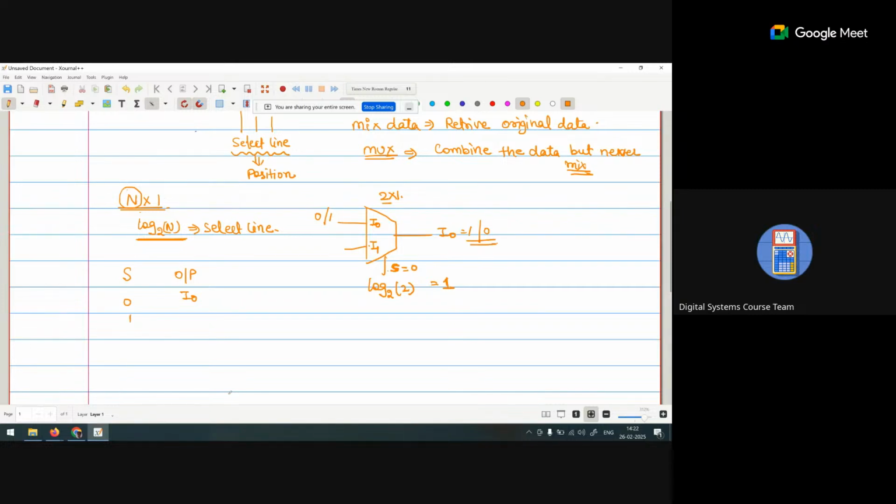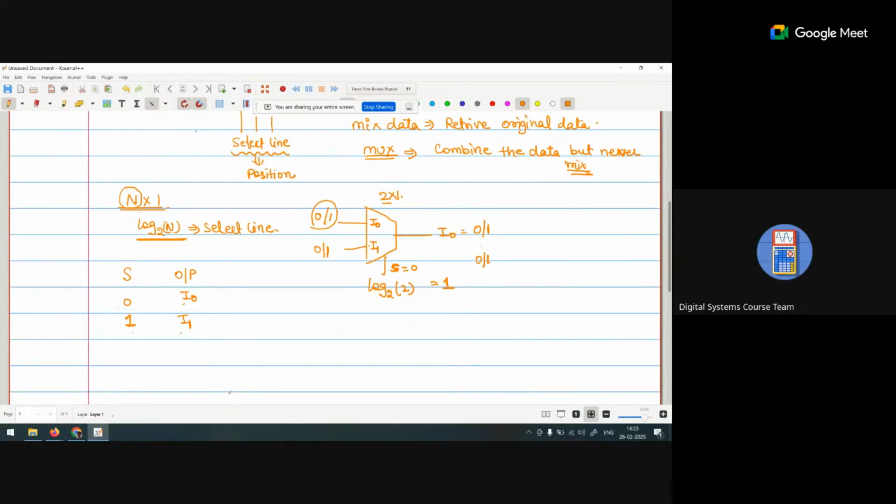Now if I select S equal to 1, there is no effect of I0. The I1 that we connected, either 0 or 1, will be transmitted. So simply, if S is 0, the output is input I0, and if we select 1, the output is input I1.